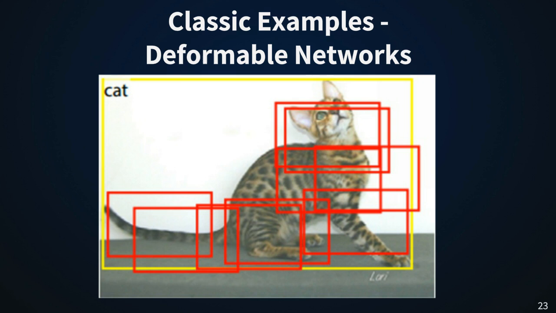These are the 9 red rectangles. So we have a sub-component of our algorithm that generates 9 smaller rectangles inside the large rectangle. And the final decision stage of the algorithm will only utilize the data inside the smaller rectangles.